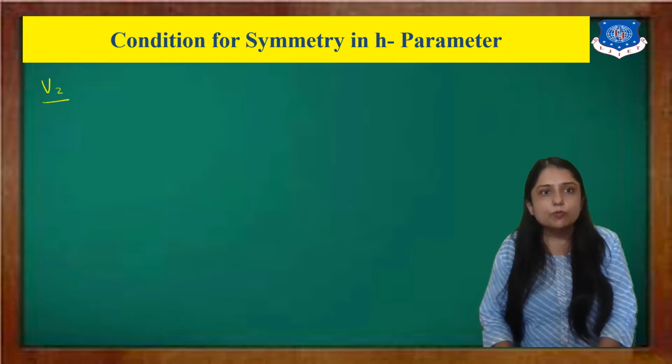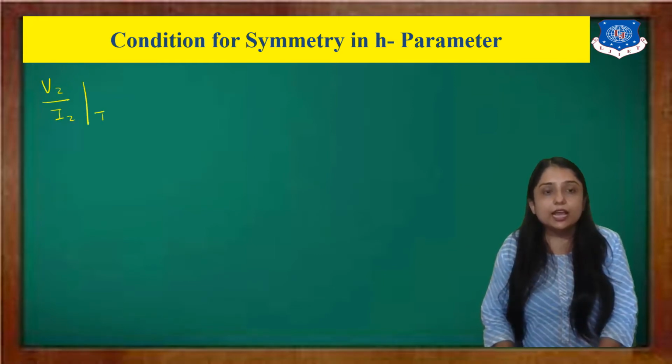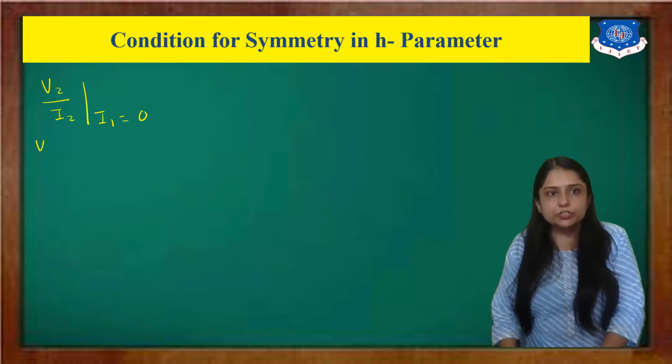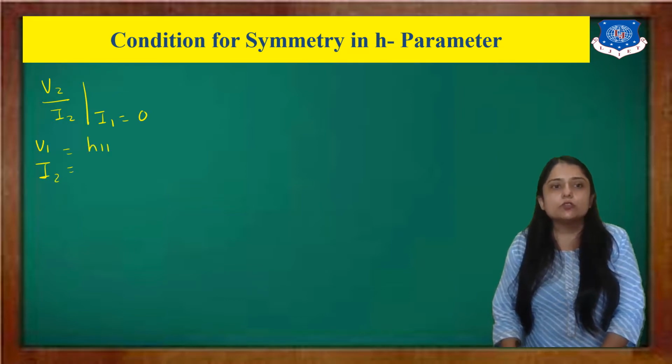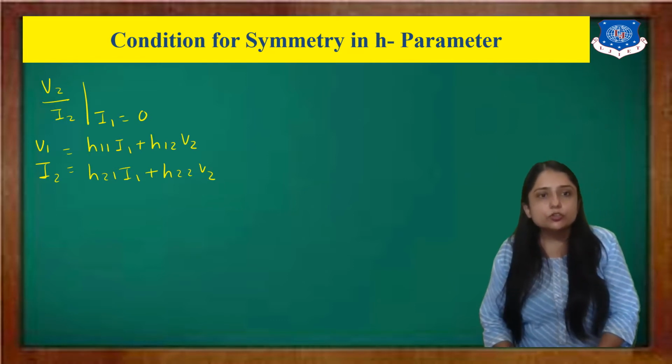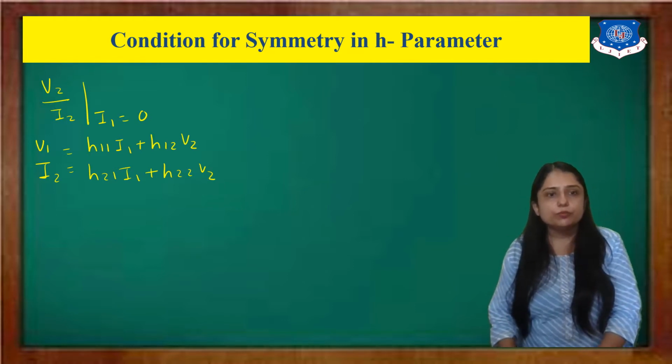Now next, I want to find out V2 by I2 when I1 that equal to 0. Here we will use the same equation, V1 equal to H11 into I1 plus H12 into V2, I2 equal to H21 into I1 plus H22 into V2. Now you substitute I1 that equal to 0.